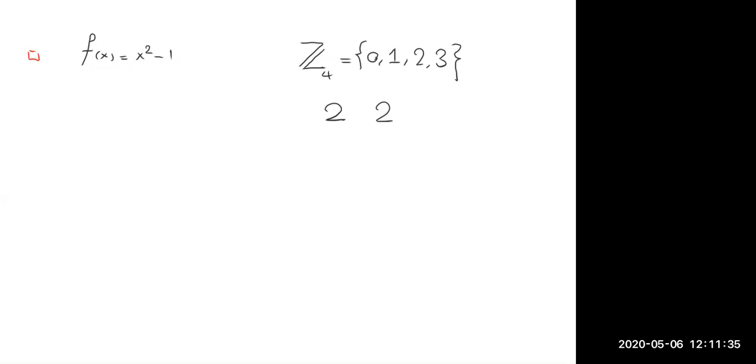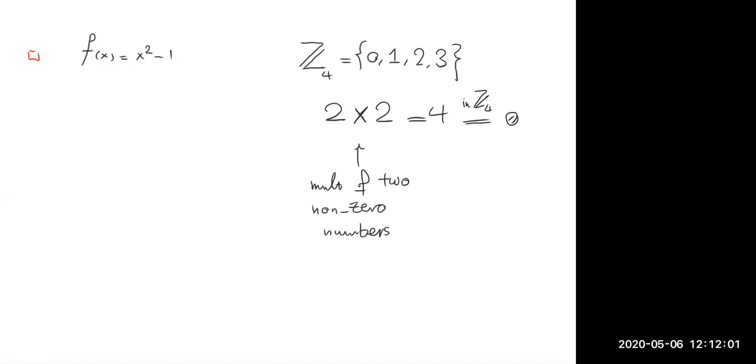If I multiply these two numbers, I get 4, which here in Z4 is equal to 0, right? So the multiplication of two non-zero numbers became 0.